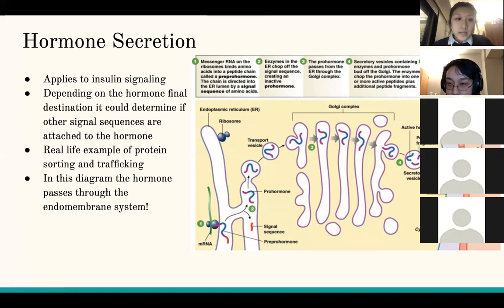Essentially what's happening here is you have an mRNA, this hormone, being bound to the surface of an ER. And then once it goes into the ER, that indicates that it must have had some sort of ER localization sequence. And once it's inside the ER, that signal sequence gets cleaved off, as you see over here. And now it's known as a prohormone in this scenario.